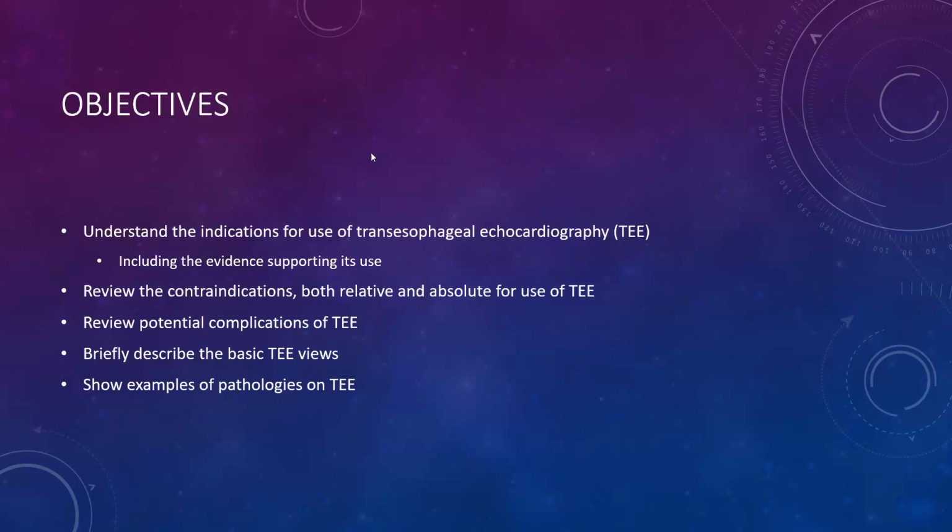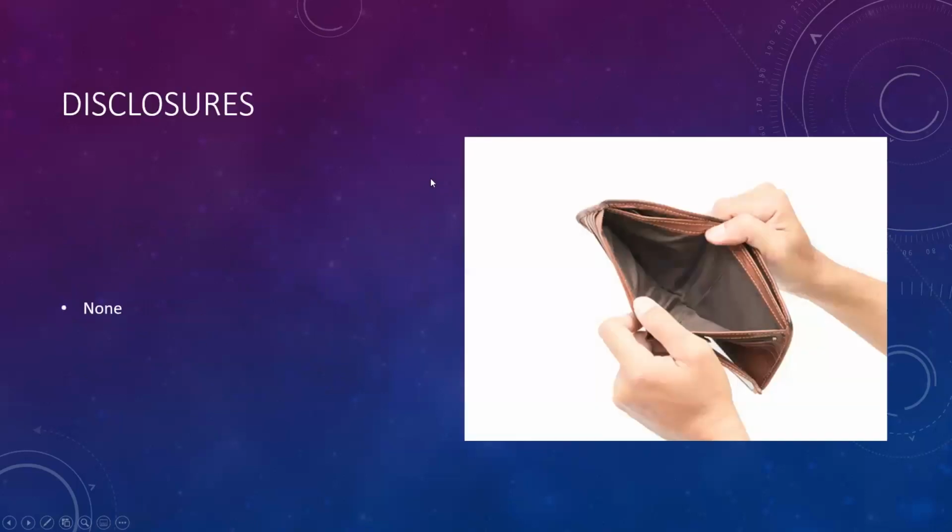And then we'll go through the 20 basic TEE views with a specific focus on the high-yield views that can be used in resuscitative and critical care TEE. And then I'm going to show a few clips of some pathologies with some normal clips also side by side, as long as technology doesn't fail us today.